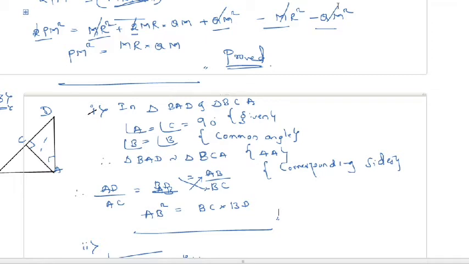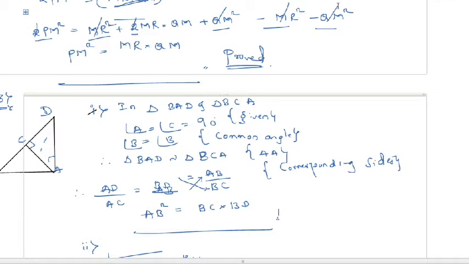In triangle BAD, consider the triangles here. See the figure. In triangle BAD and triangle BCA, angle A is equal to angle C is equal to 90 degree, because it is given. Angle B is equal to angle B, it is common angle. Then according to AA criteria, we can write triangle BAD is similar to triangle BCA.